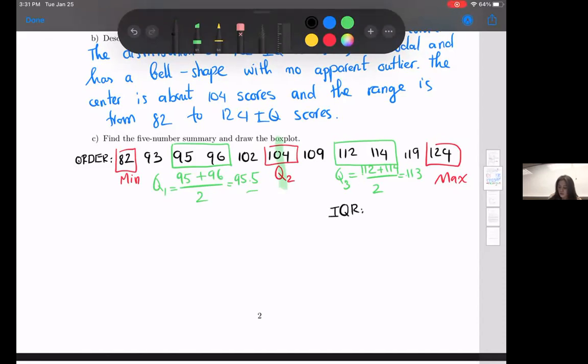IQR is what? Q3 minus Q1, which is 113 minus 95.5, 17.5. Once you have that, you can do Q1 minus 1.5 times IQR, which is what?